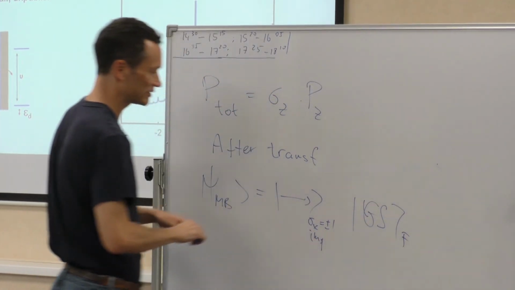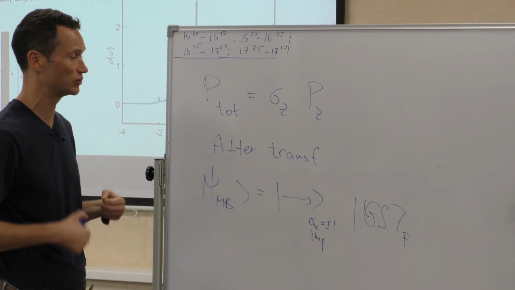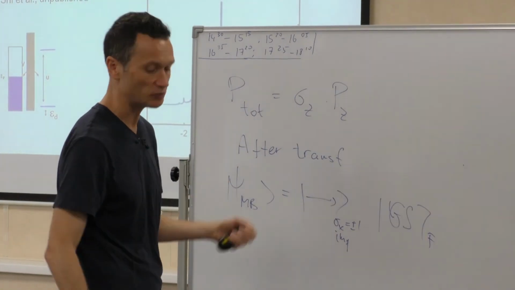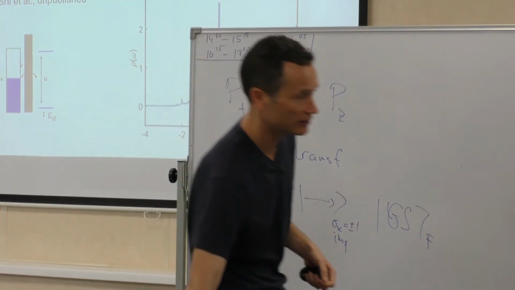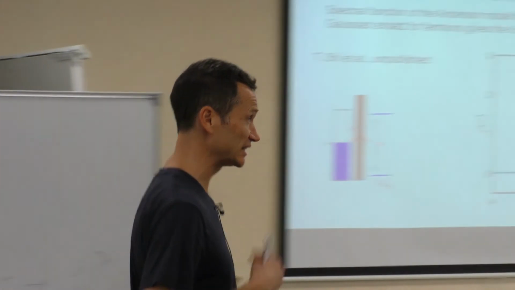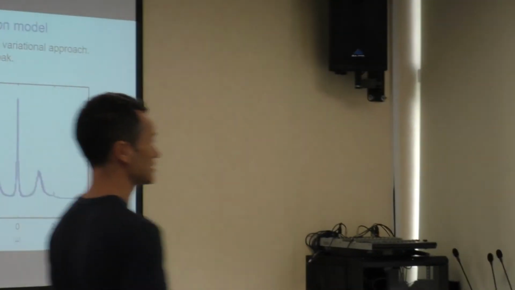So you can see that it's a wave function which is factorizable between fermions and the impurity spin. But it doesn't mean that the original wave function is factorizable, because this is after a transformation which utilizes conservation of parity. In terms of the original degrees of freedom, we actually have very strong entanglement between the impurity spin and the fermions.